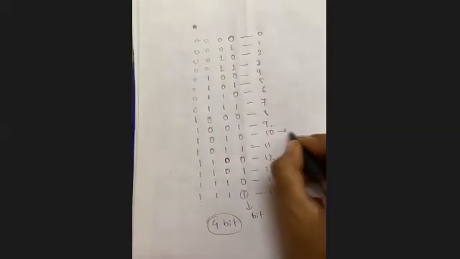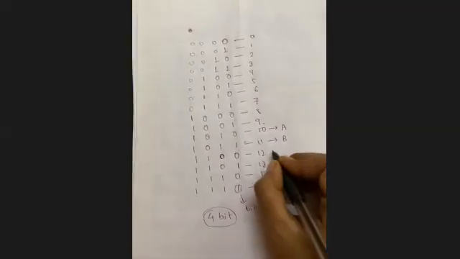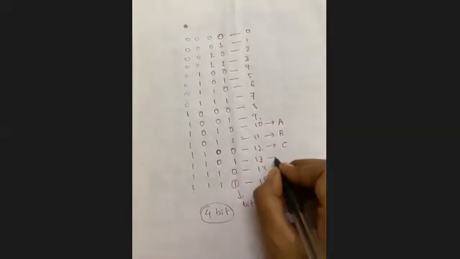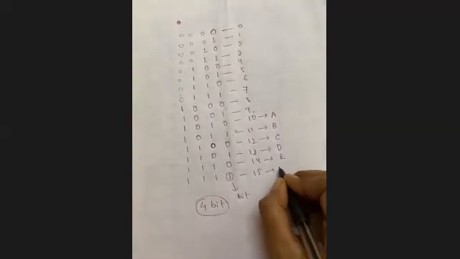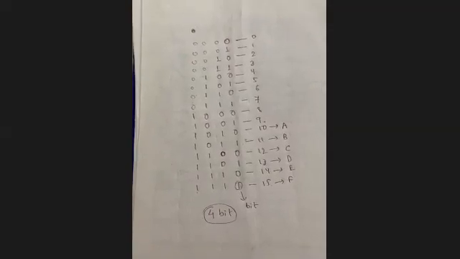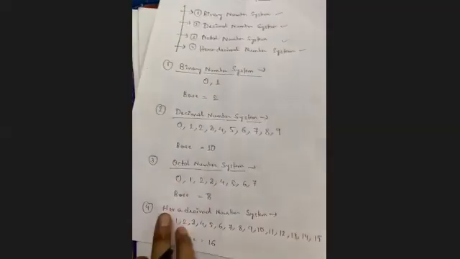After 9, we no longer say 10. We start counting as A. 11 is considered as B, 12 as C, 13 as D, 14 is E, and 15 is called F. In the hexadecimal number system, there are values from 0 to 15, right?